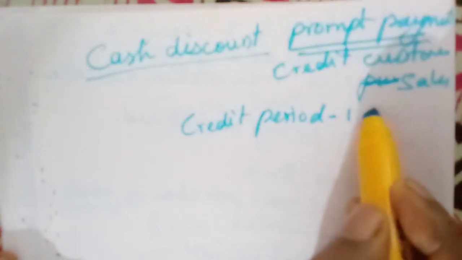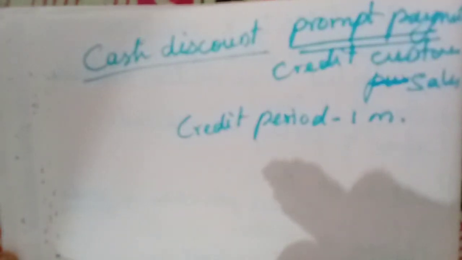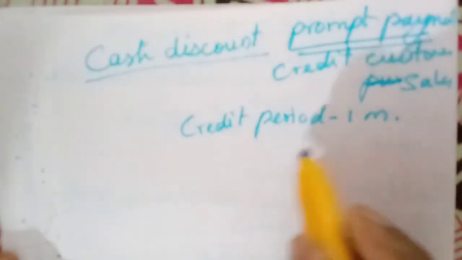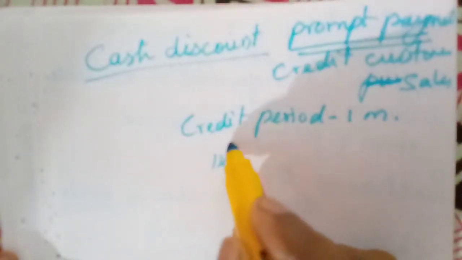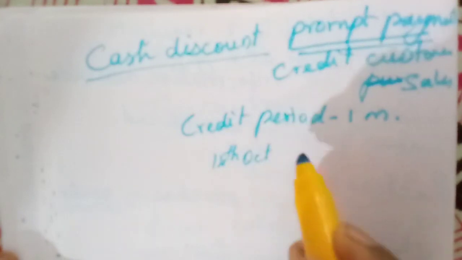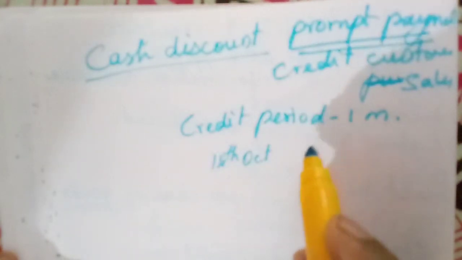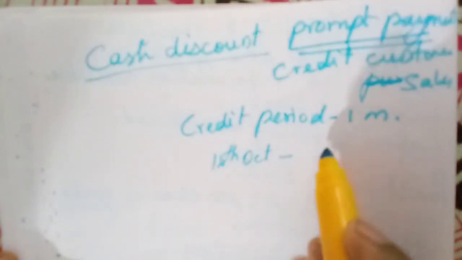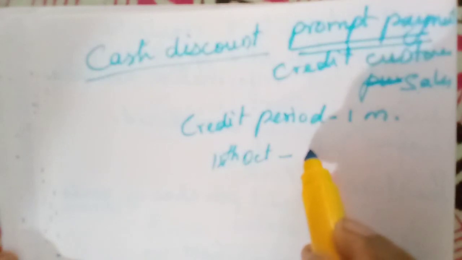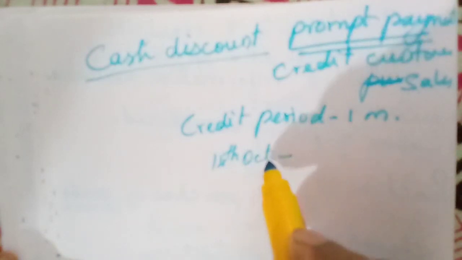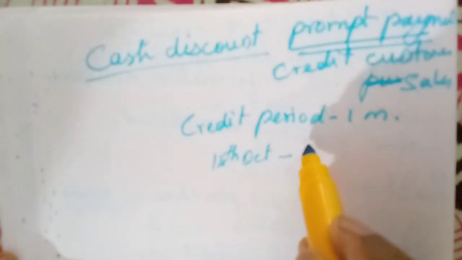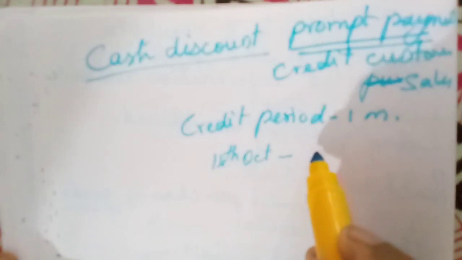maybe for 1 month. Okay, so today they purchase, okay, 14th October. Okay, 1 month credit period. When do they have to pay? 14th November, isn't it? They will add 3 more days, grace days. Okay, then 15, 16, 17.